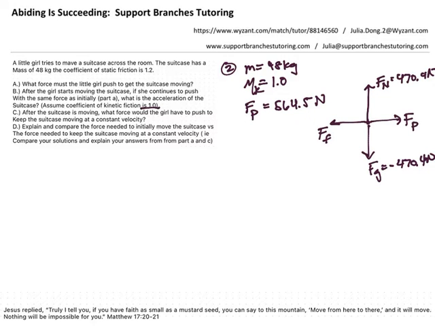Okay, you might be looking at this going, well, what's different here? Well, the difference is now the suitcase is moving. And so for our force of friction here, we still have the coefficient of friction, but we're going to use the kinetic value for moving times the normal force versus the static here. So the difference is that our mu has changed.